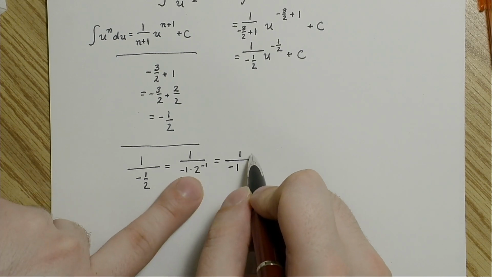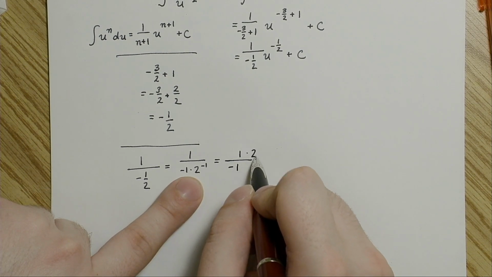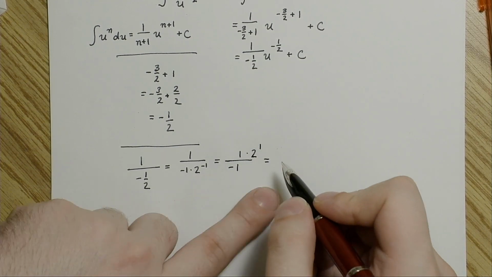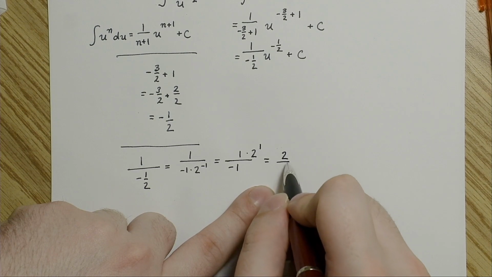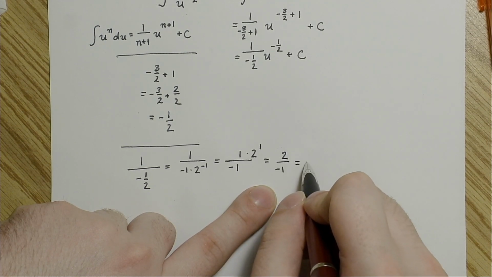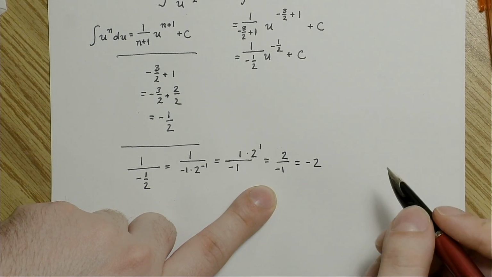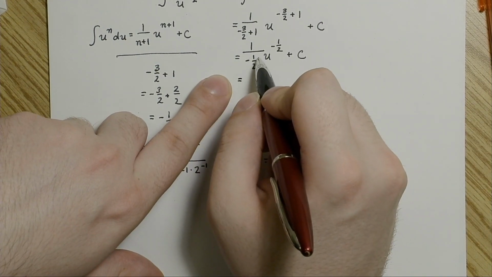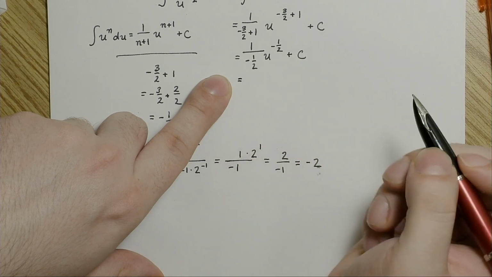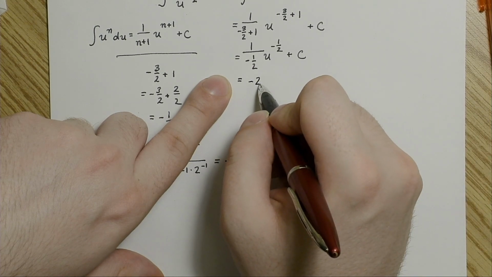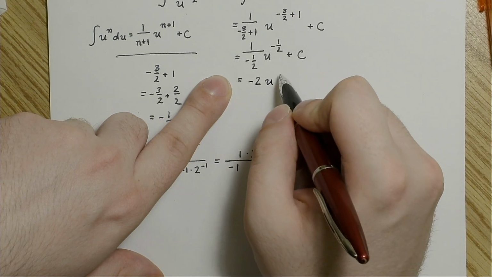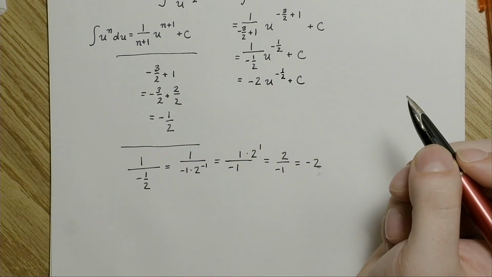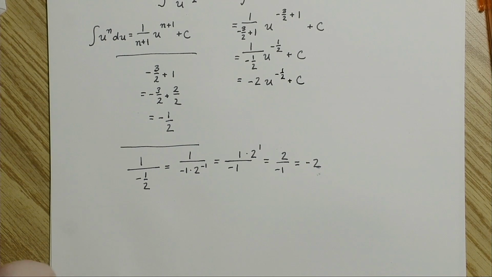And if I move it up, it becomes positive. So that is equal to 2 over minus 1, or that's equal to minus 2. So 1 over minus 1 half is equal to minus 2, giving minus 2 u to the minus 1 half plus a constant. And so we've integrated that.